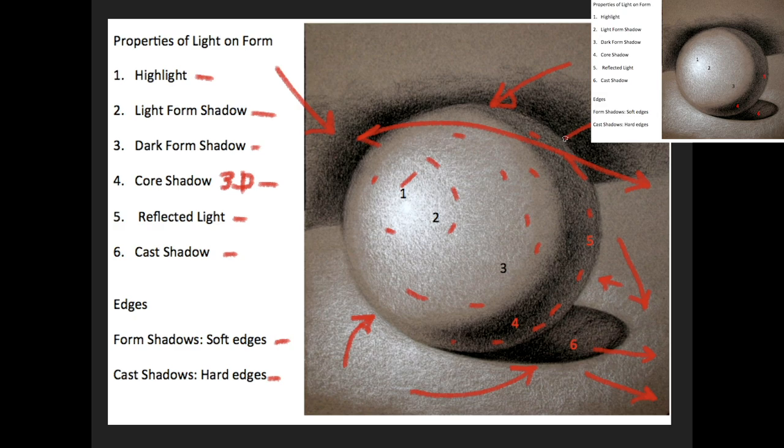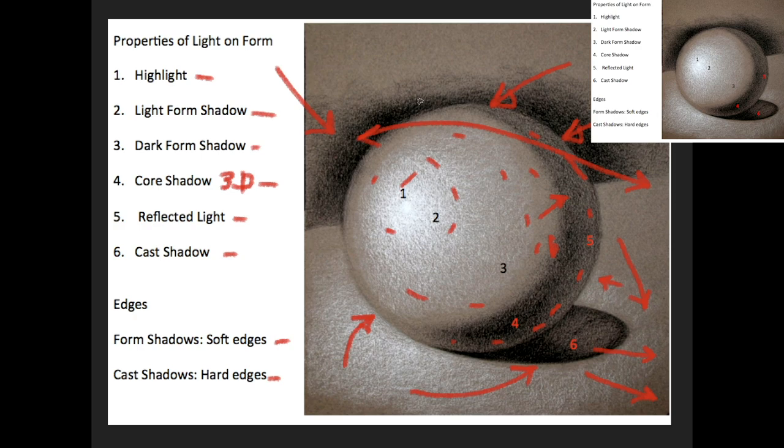It's going to get a crisper, harder edge. And managing those edges is going to be very important. This is a much softer edge here where my arrow is, the form shadow, in the core shadow, and all these transitions, than those boundary edges.